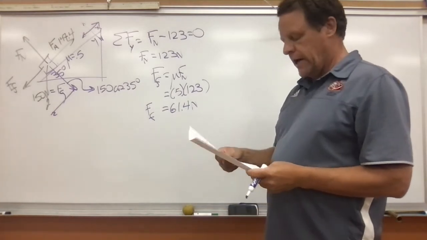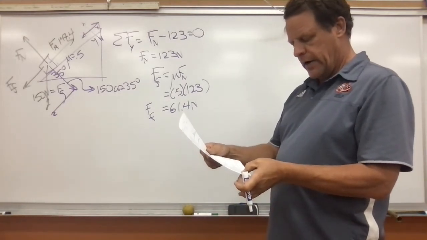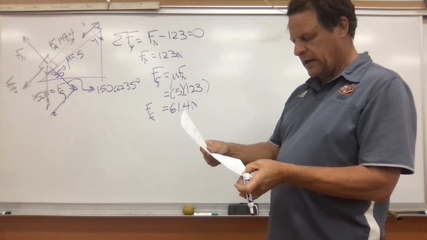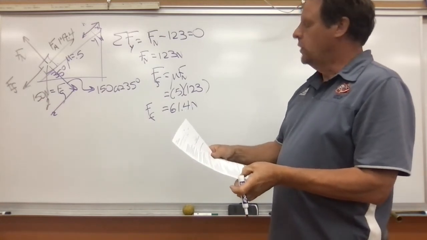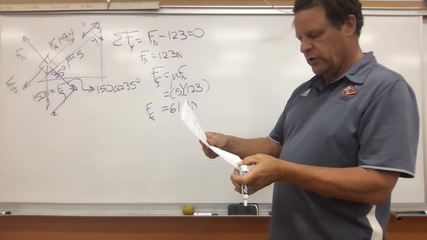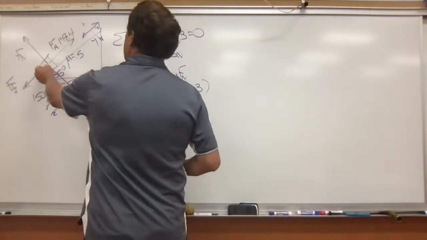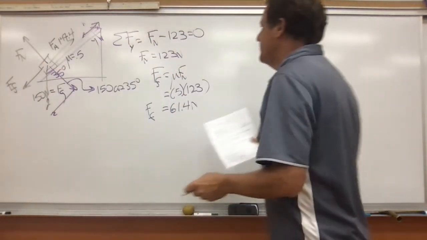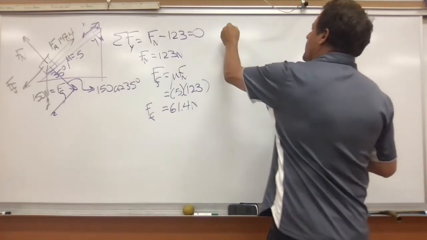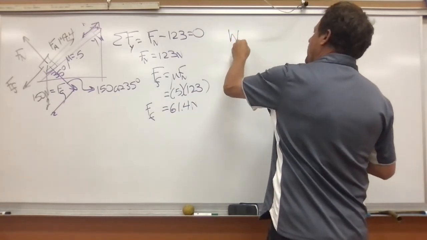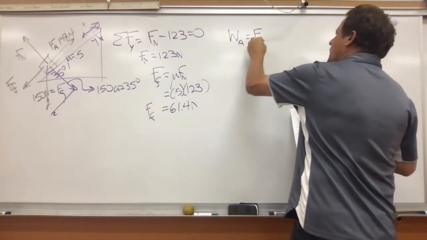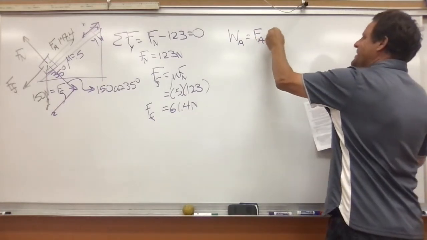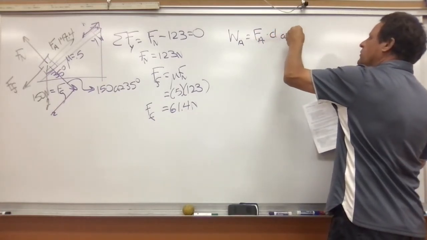Okay, so now our force of friction. Now, how much work is done by the applied force? Well, if we're going to move this block up the ramp by 5 meters, our work by the applied force is the force applied times distance times the cosine.